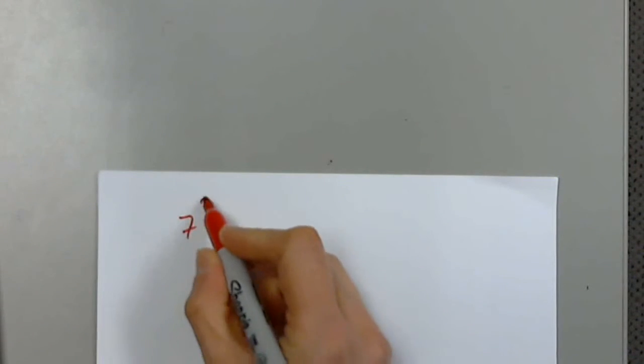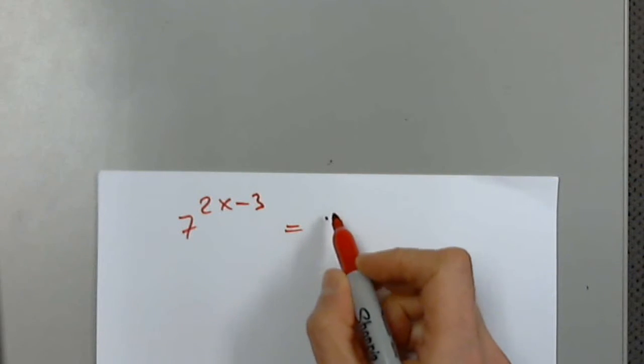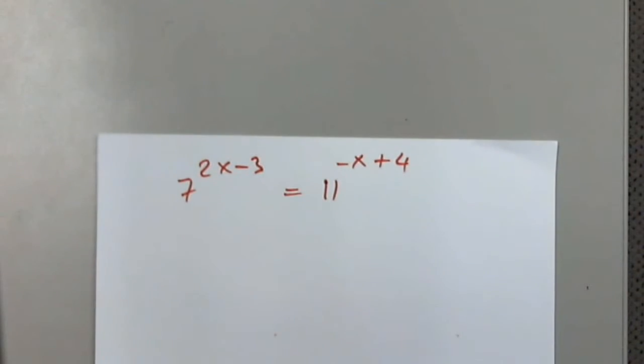So let's say 7 to the 2x minus 3 equals 11 raised to negative x plus 4, similar to 5A.